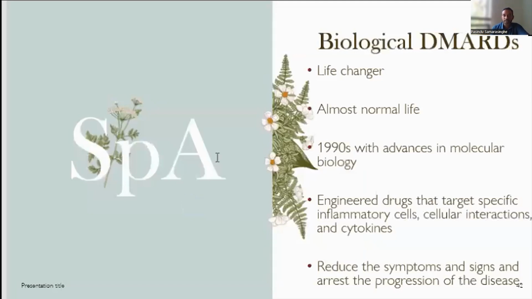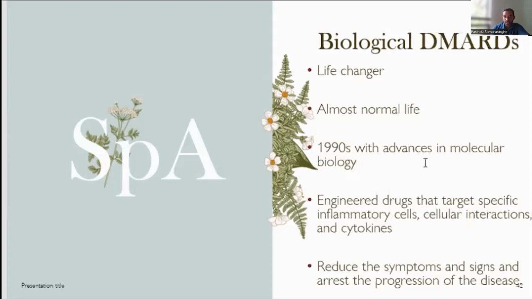So biologics became a life changer for these patients. You meet these patients and they say biologics just changed their life. They can spend an almost normal life after starting treatment. The biologics were introduced around the 1990s with the advances in molecular biology. These are engineered drugs that target specific inflammatory cells, cellular interactions and cytokines.